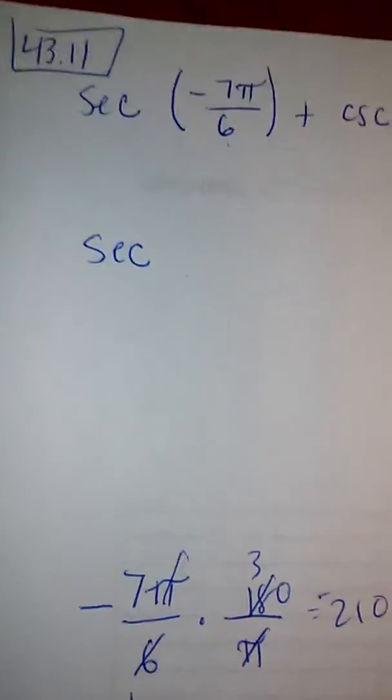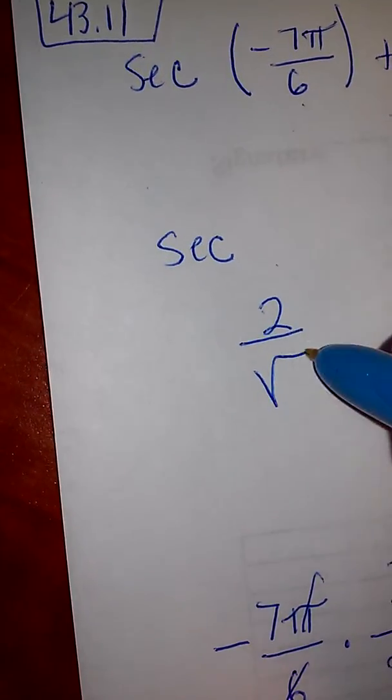Now, secant is the reciprocal of cosine, so I'm going to find the cosine. Cosine is the C of SOHCAHTOA, adjacent over hypotenuse, but I want the reciprocal, so I'm going to write hypotenuse over adjacent. Hypotenuse is 2, adjacent is root 3.